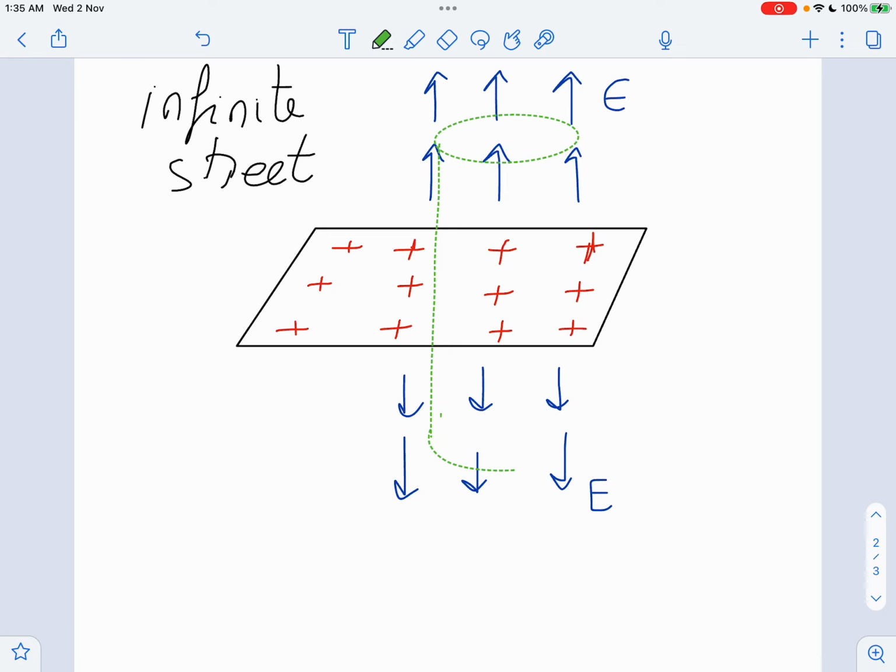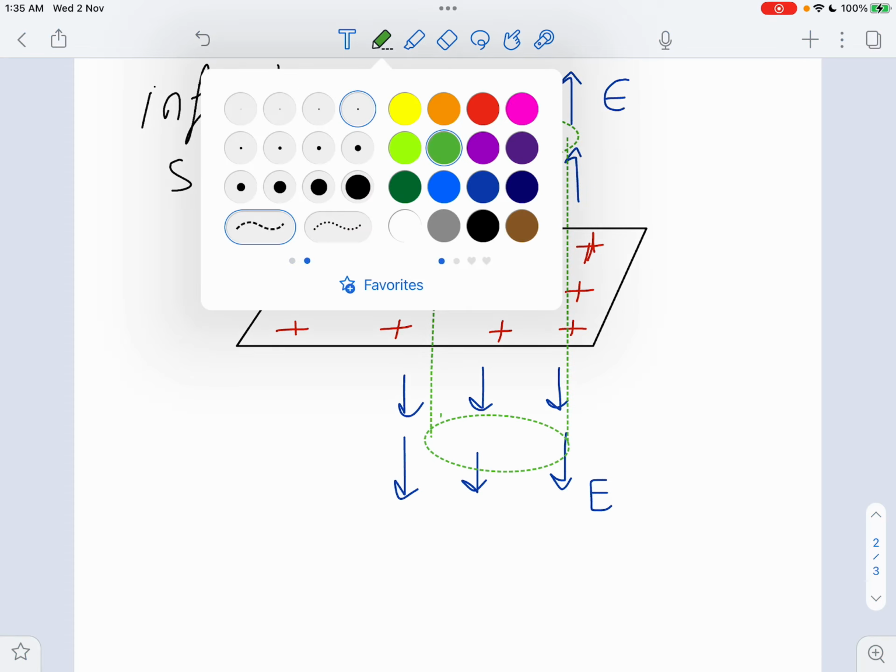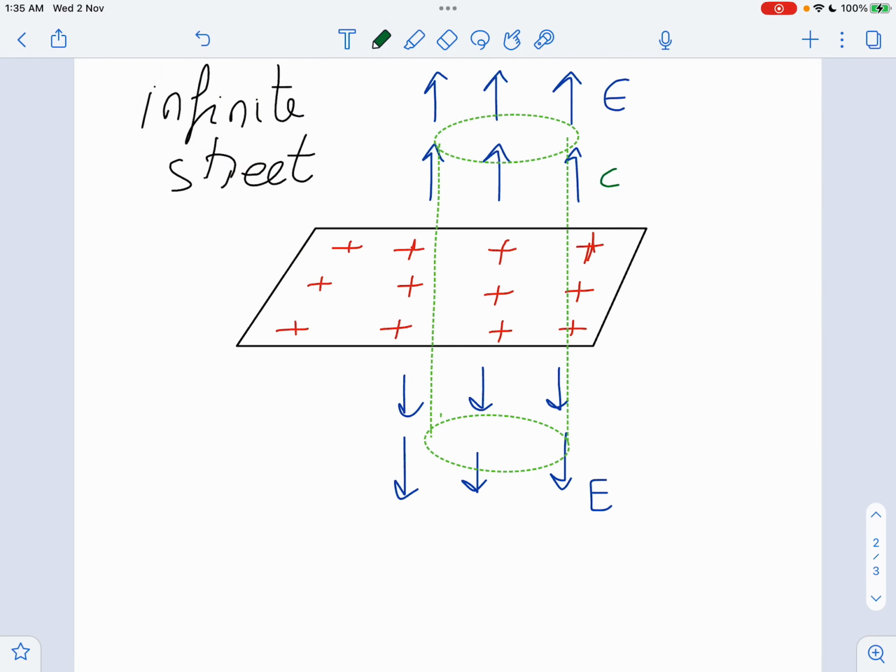Let me draw it in a good way. So that's the cylindrical Gaussian surface.